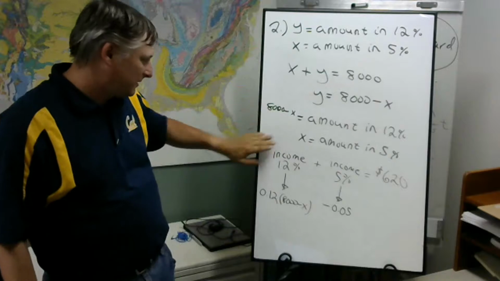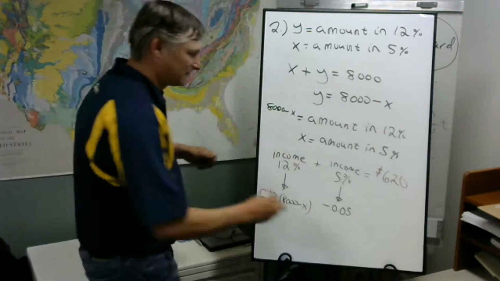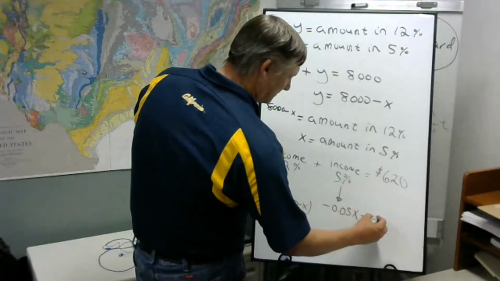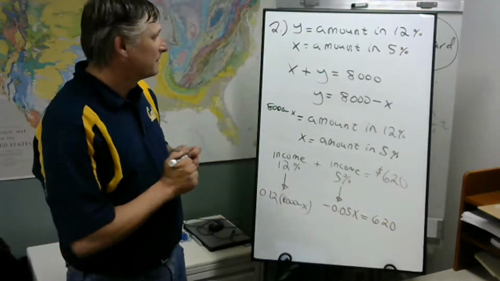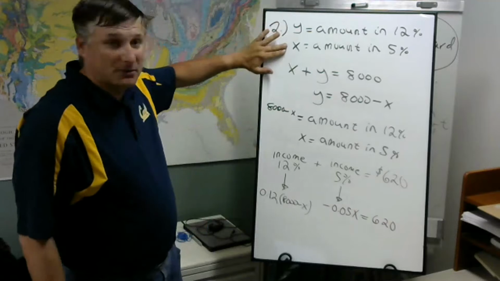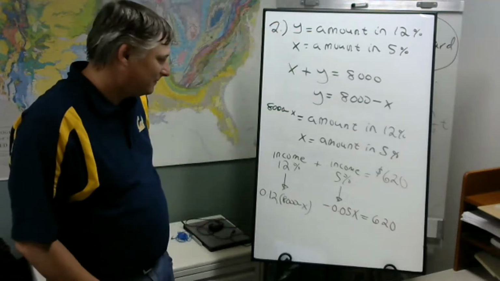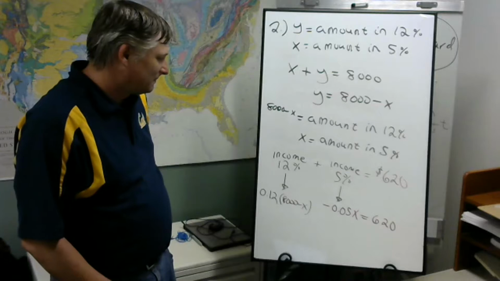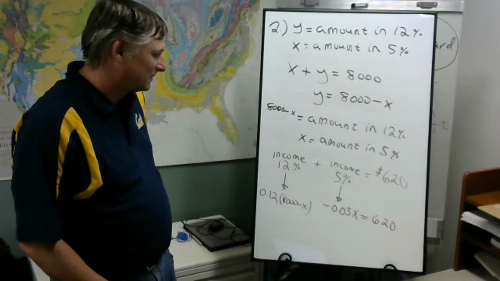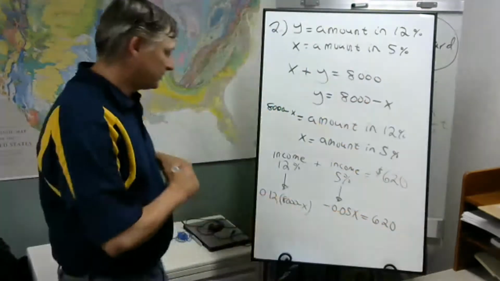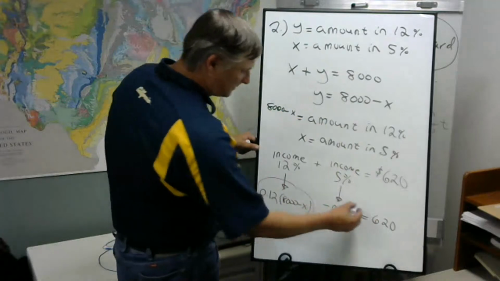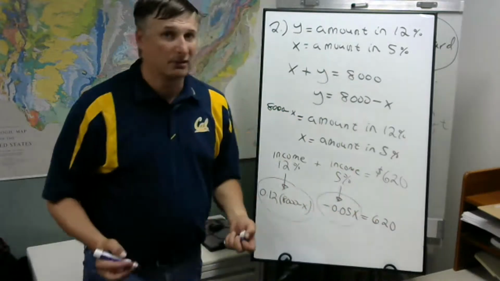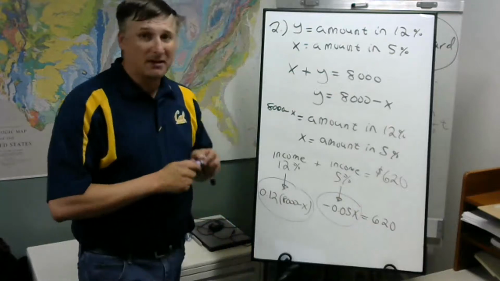So this is okay. So these give us some useful expressions. This is the income from the 12%, and the income, it's really a loss, from the 5%.